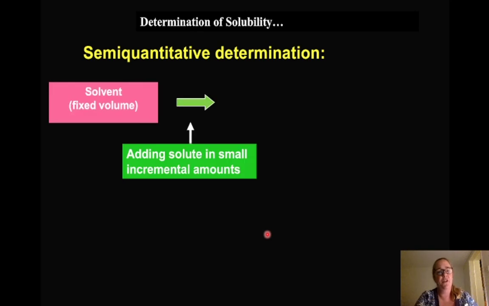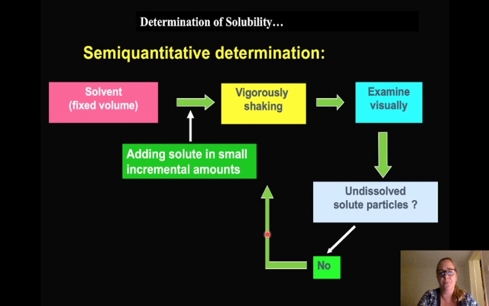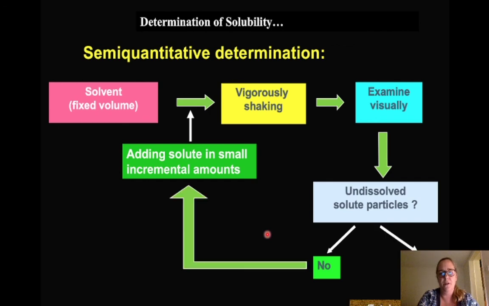Okay, so determination of solubility. This is a semi-quantitative determination. So let the video just finish. Okay, good. So the solvent is a fixed volume. We add solute in small, incremental amounts, with a vigorous shake, and then you examine visually.